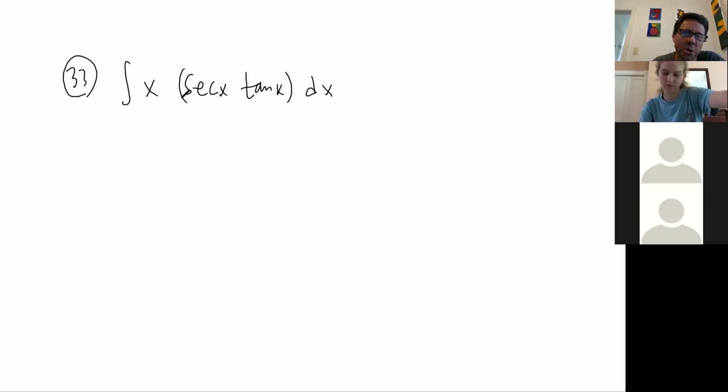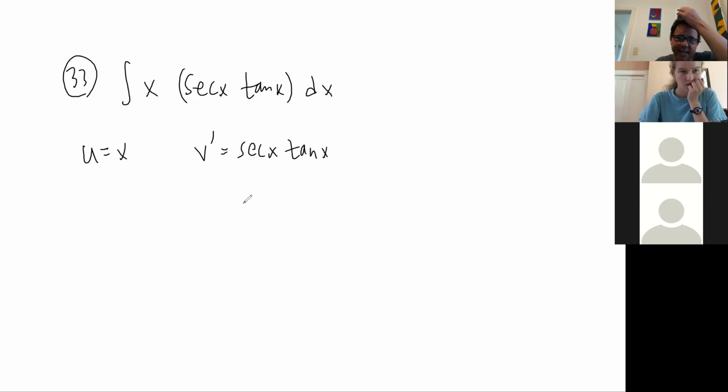Okay, so I grouped them. I grouped them into 2 functions, and I'm going to let U be X, and V prime is both of these things together. It might make more sense based on what we did today, because if you put both of these with this, then U prime is 1, hooray.